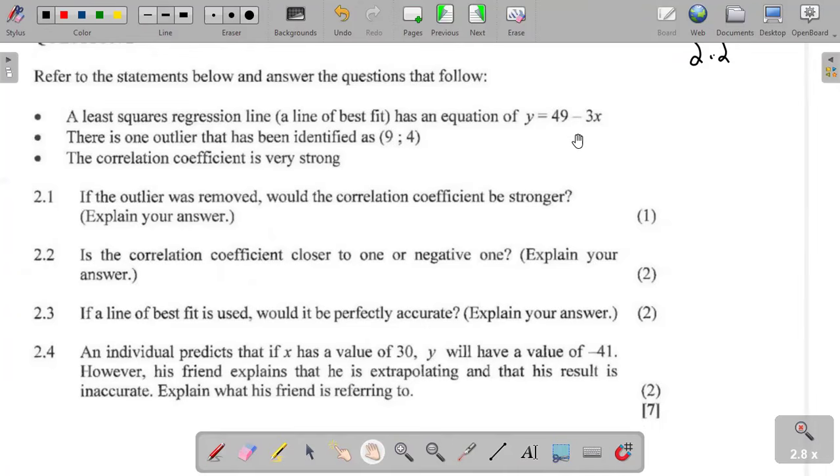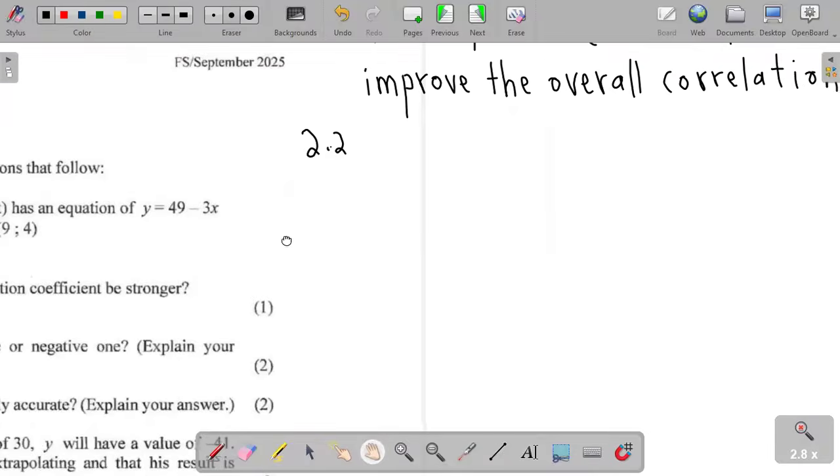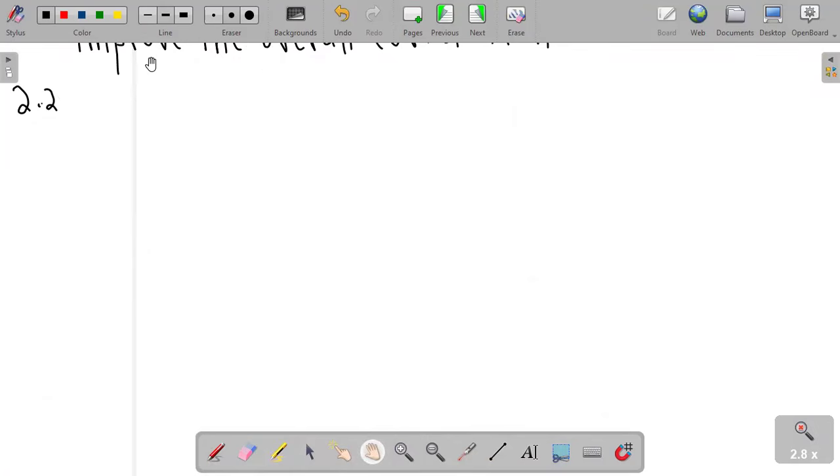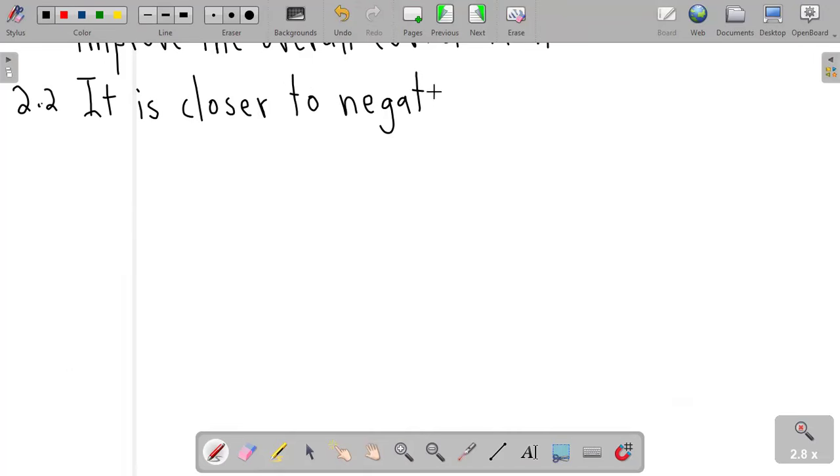So it means that the correlation coefficient is closer to -1 because our gradient here is -3x. So it is closer to -1.